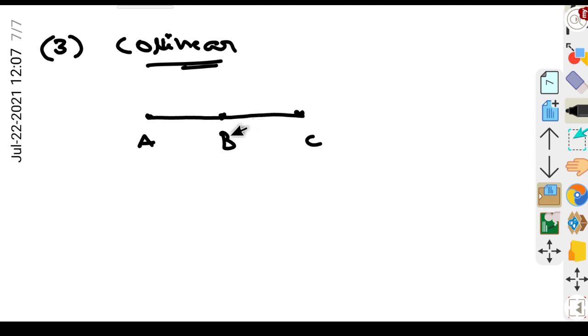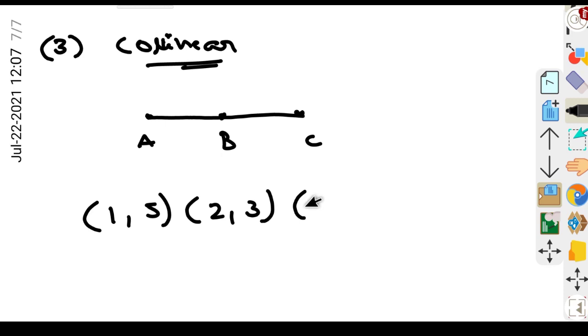Okay, so therefore in the question what they are asking is, determine if the points, they have given the points, so the coordinate points are 1 comma 5 and 2 comma 3, and the next point is minus 2 comma minus 11. So you need to find whether these 3 coordinate points are collinear points or not.